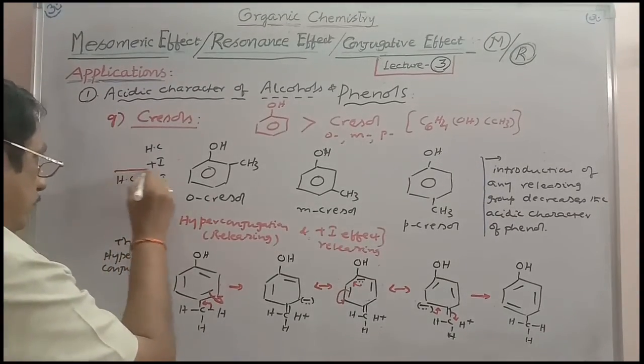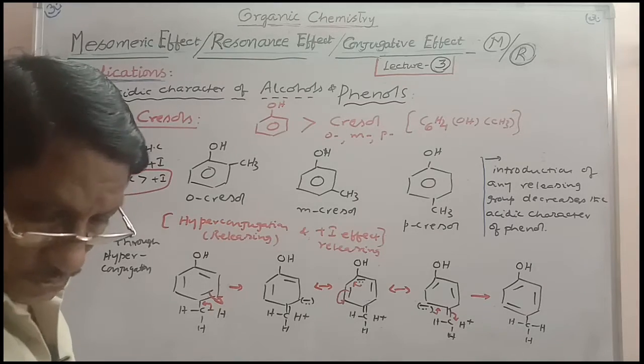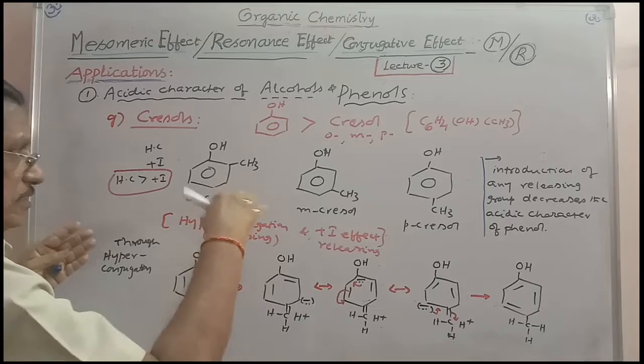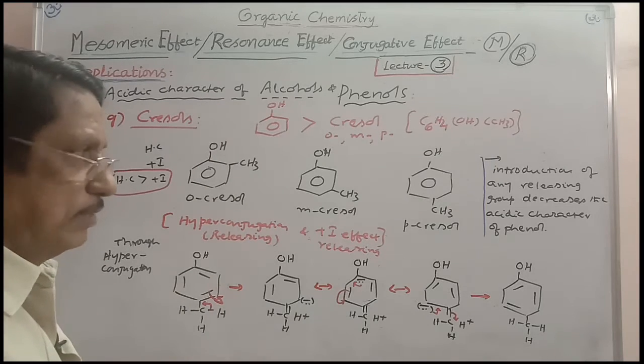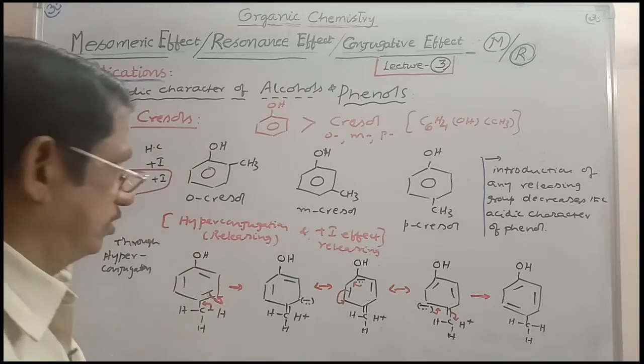Hyperconjugation is always predominant than I. So basing on hyperconjugation, you have to give the result. Anyhow, plus I is also adding to the releasing nature of CH3 hyperconjugation. So here, this acidic character is decreased.